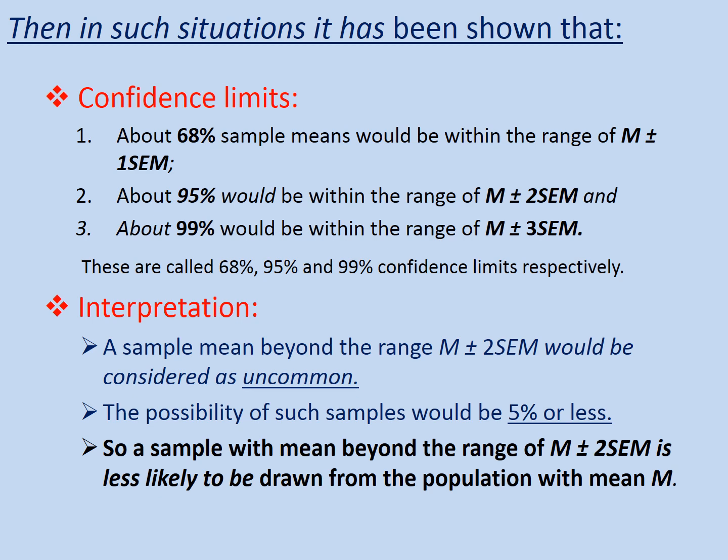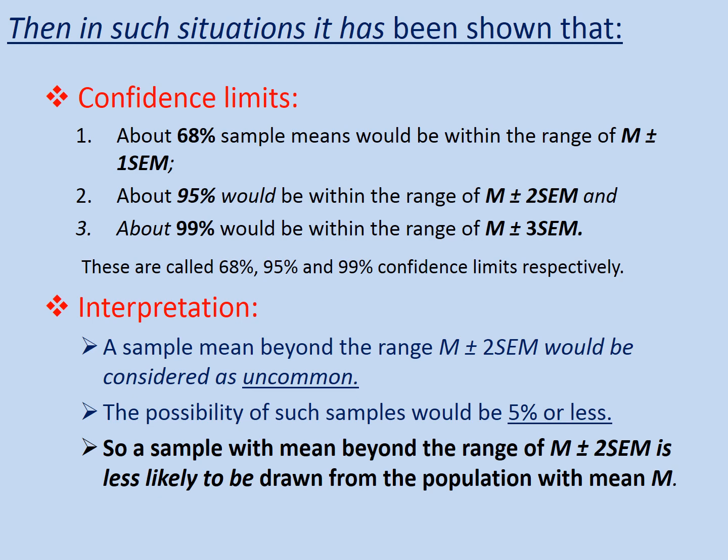Now after that, if you want to comment, out of these 100 samples, 68 samples, or 68% of sample means, will be within the range of population mean plus or minus 1 standard error of mean.